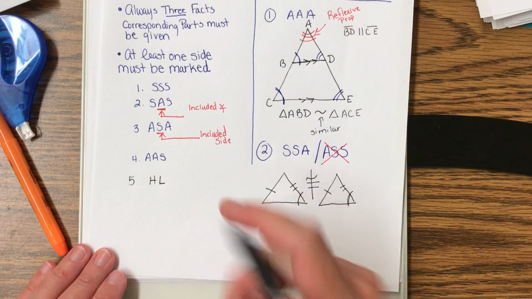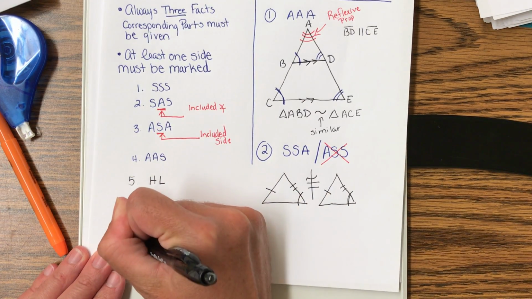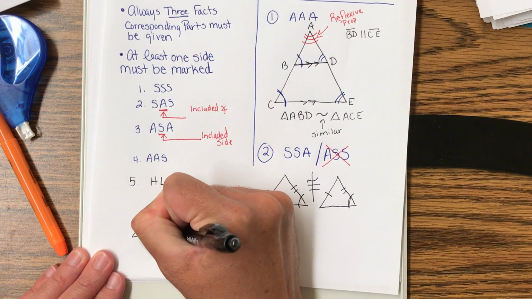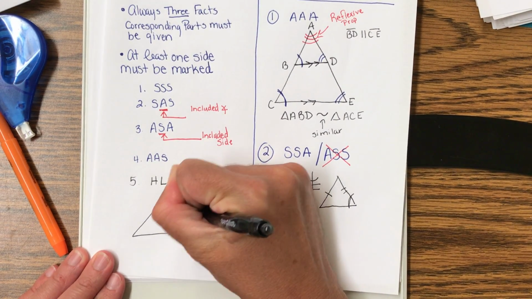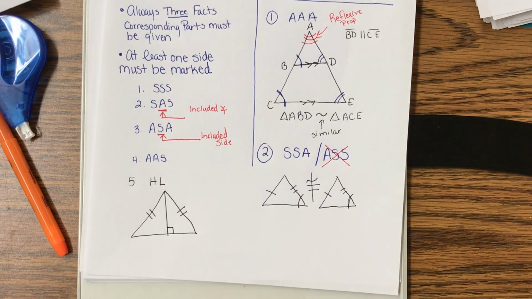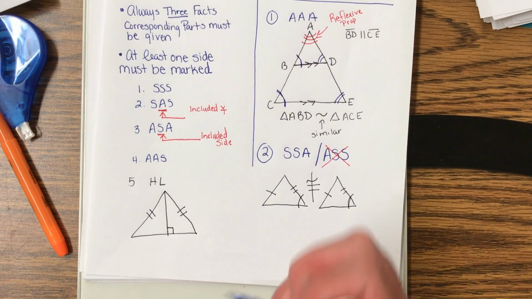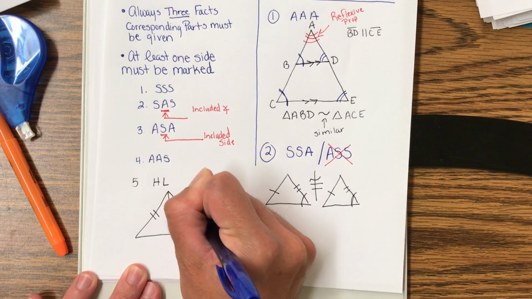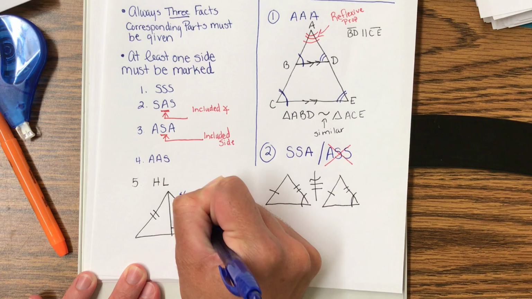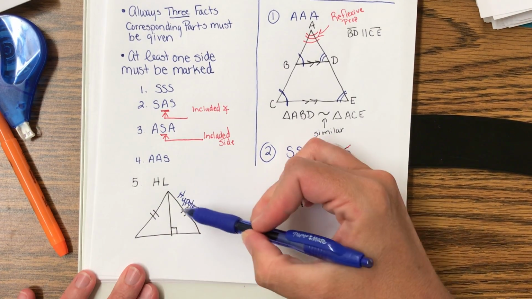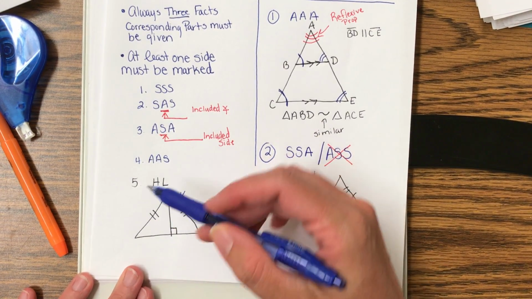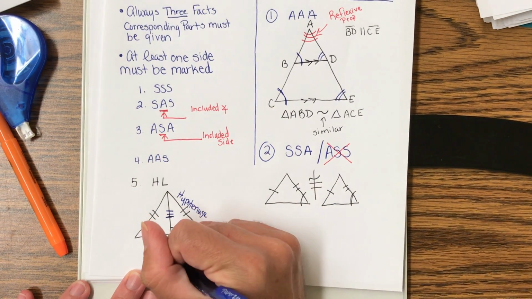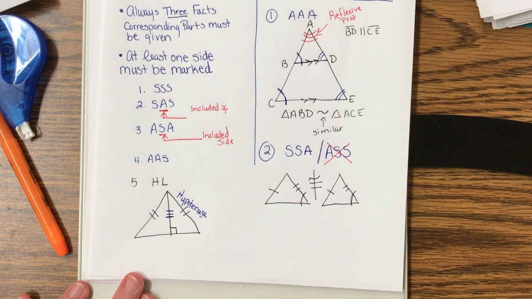And again, that one works when we have two right triangles and we have marked that their hypotenuse is congruent, and we have the hypotenuse and a shared side, or the leg. So we have hypotenuse leg congruency.